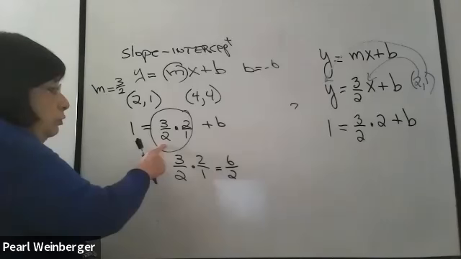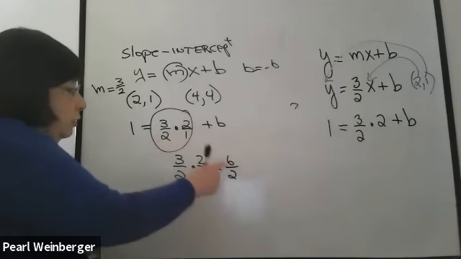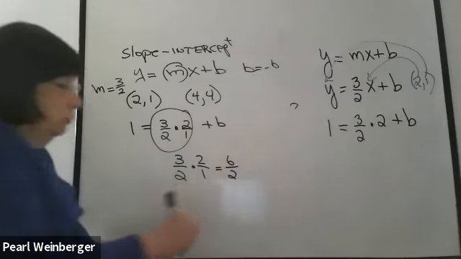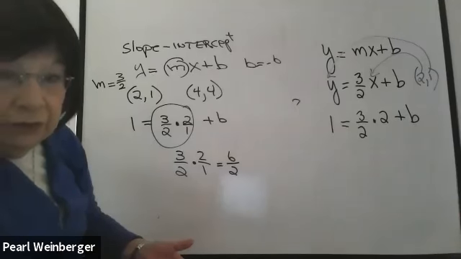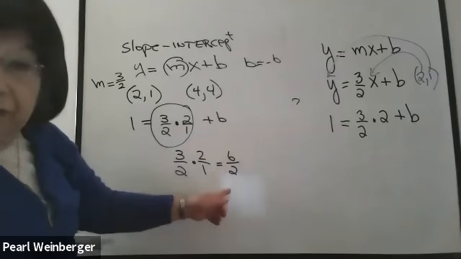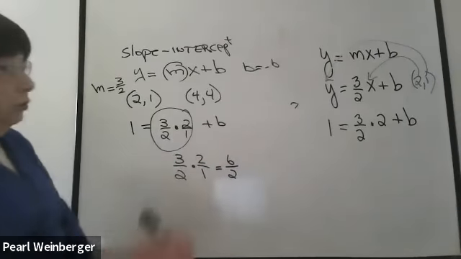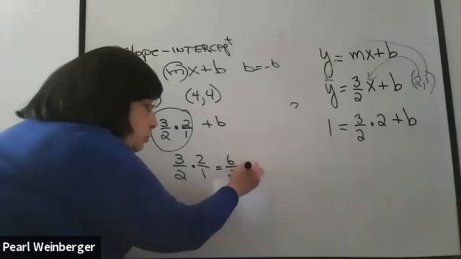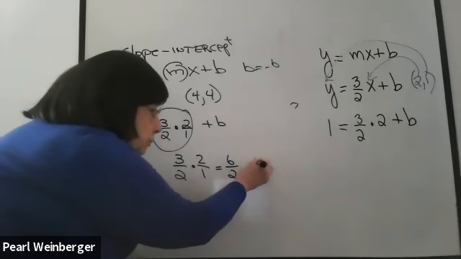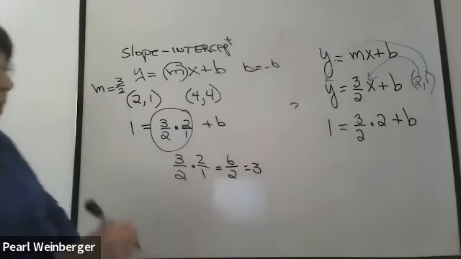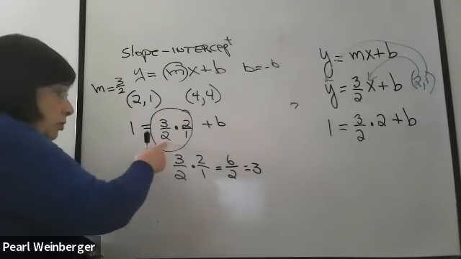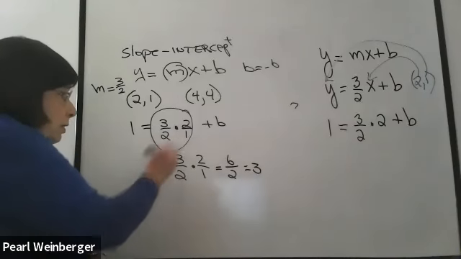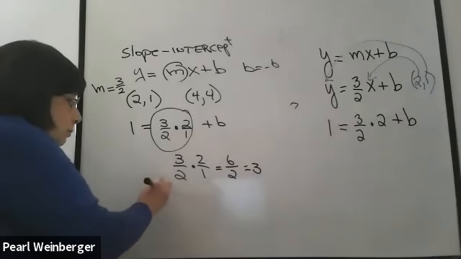Multiplying 3 over 2 times 2 over 1 gives you 6 over 2. Now, usually, if you can, you want to simplify. Can you simplify 6 over 2? Yes, you certainly can. 6 over 2 becomes just plain 3. So this whole thing, the 3 over 2 times 2 over 1, can be replaced by the number 3.